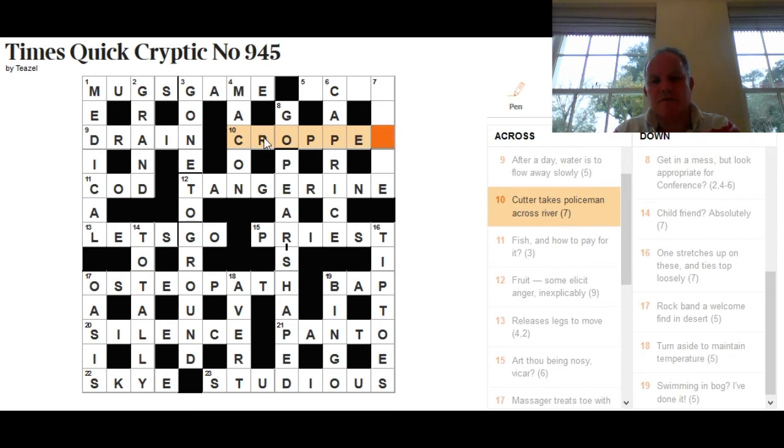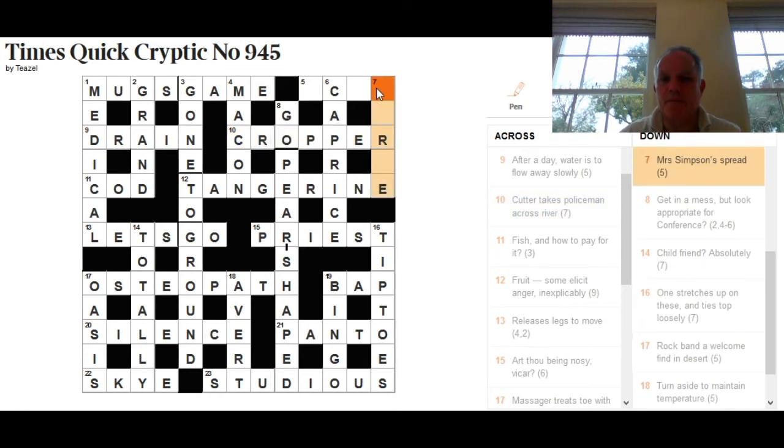So in the sense of someone cutting crops, a cropper is somebody who does the cutting. And as I say, it would have helped to have thought of cop, because if you put an R in cop, you get crop, and that kind of leads you to the answer. But it actually needed a slightly longer version of a policeman than cop. As I say, it needed copper.